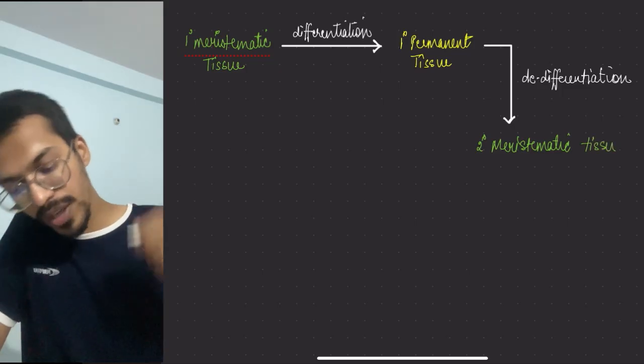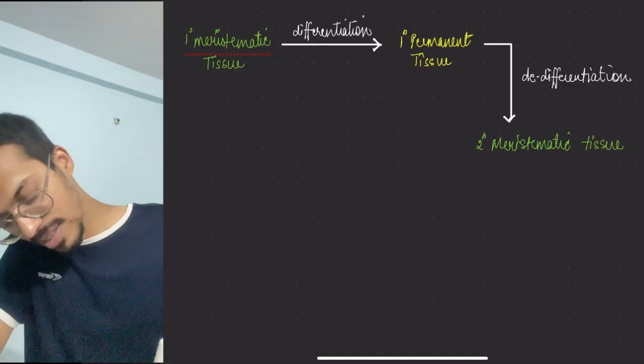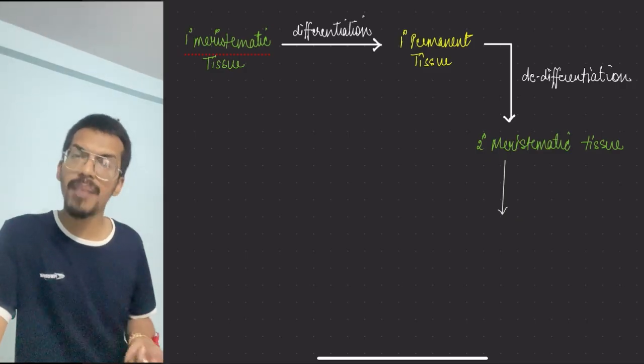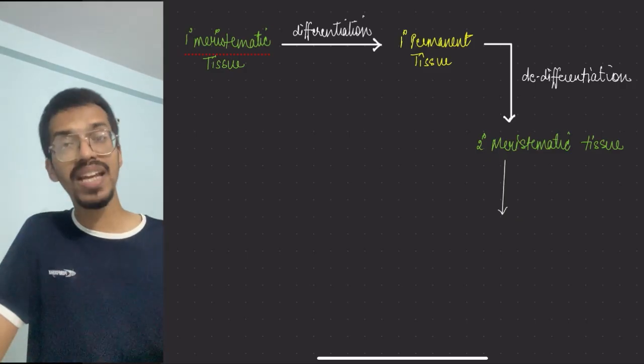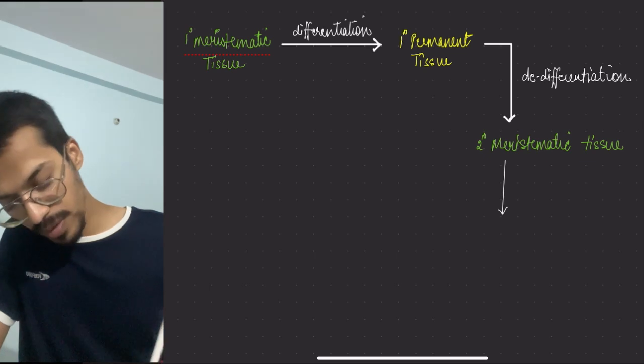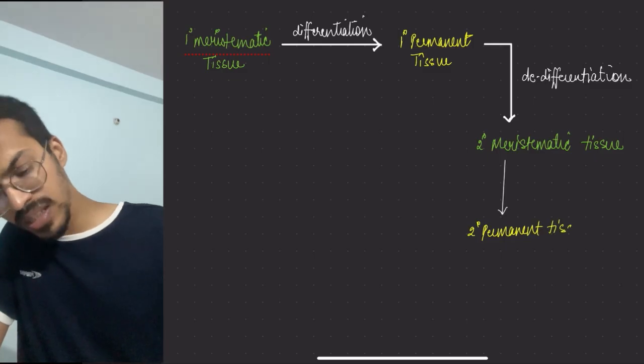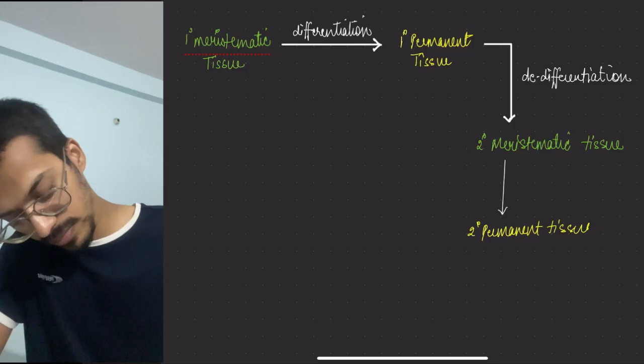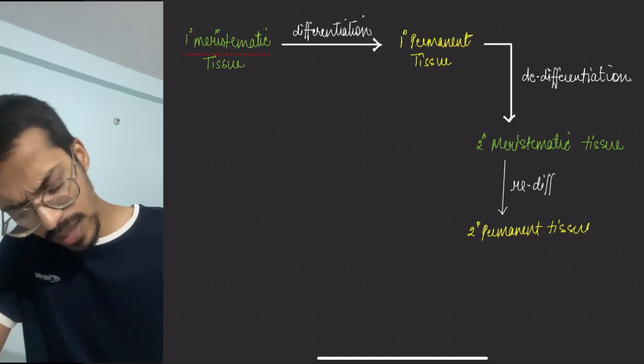Okay, moving on to the next. Sometimes this secondary meristematic tissue will again lose the capacity of division and form a permanent tissue. This would be secondary permanent tissue. And this process is called re-differentiation.